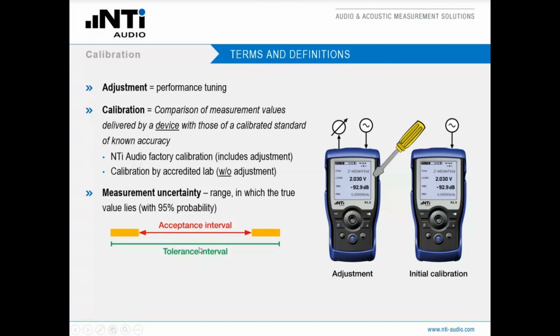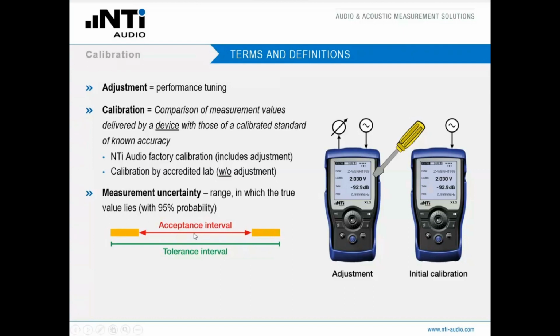However, you always have a certain uncertainty. For instance, your signal generator is not absolutely accurate. So you have to withdraw this uncertainty, these yellow bars, from the overall tolerance, which means that the displayed value of the instrument must lie within the inner part, this red line here.